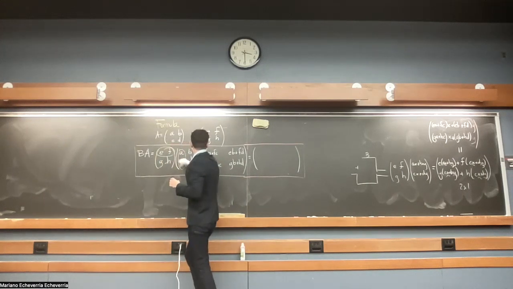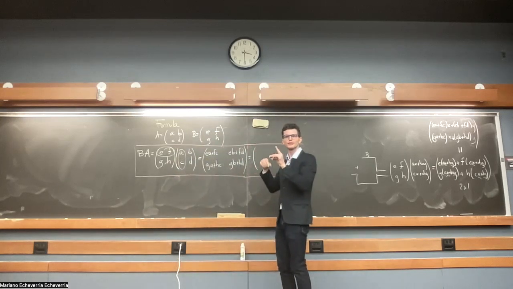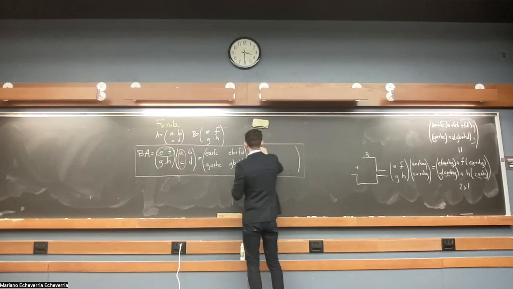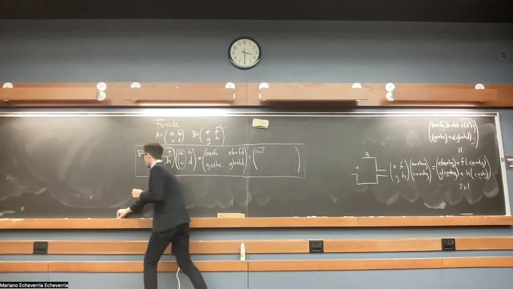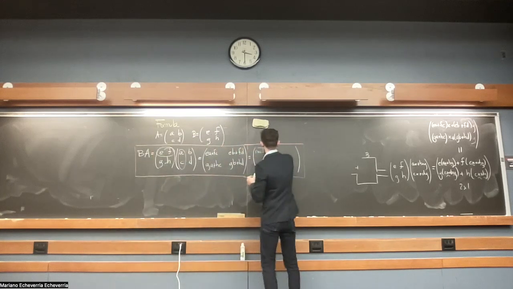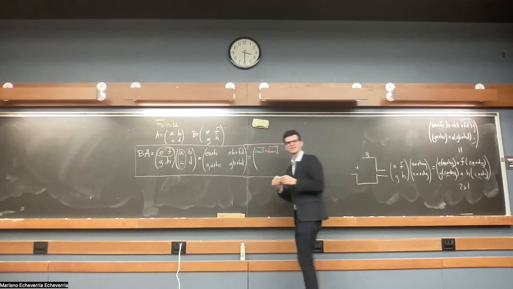EAFC, which is right here. So the first entry is actually the dot product of row 1 dot column 1, right? Is that making sense?